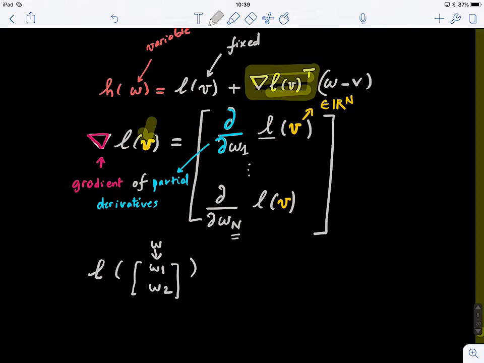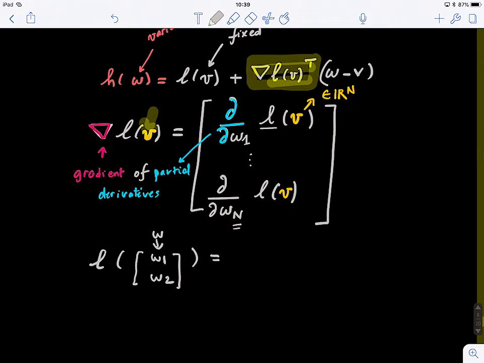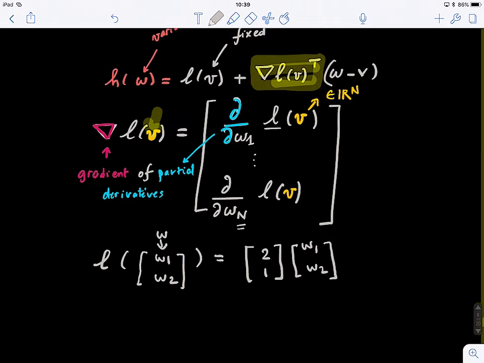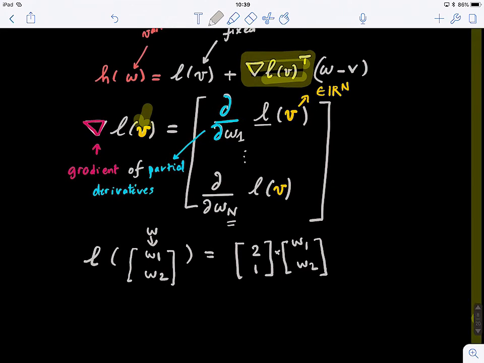Because sometimes we use both. So let's define it this way. So we have 2 and 1. Okay, this is just the element-wise product of 2 vectors plus let's do something like this.